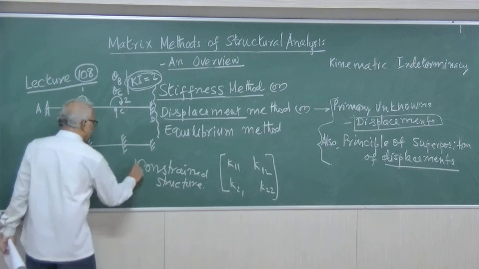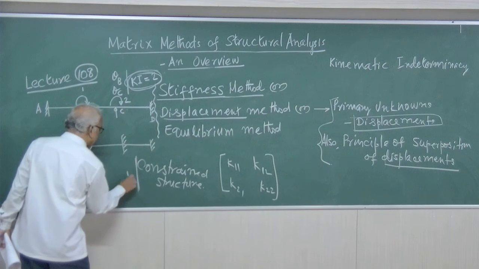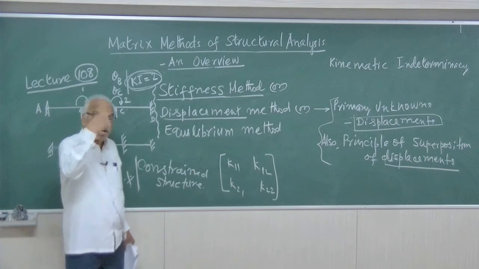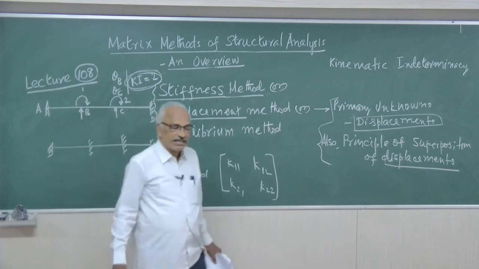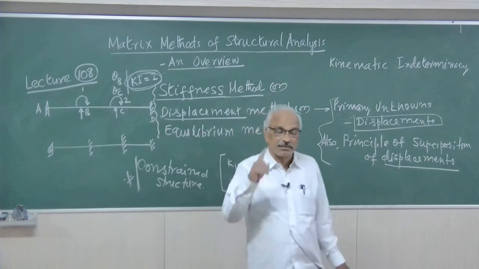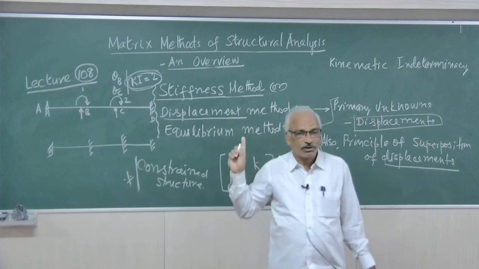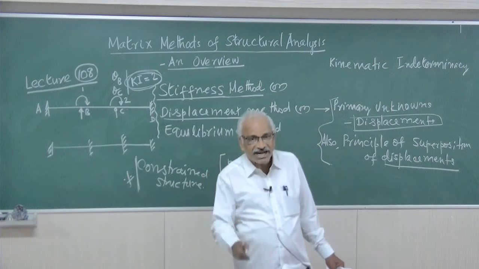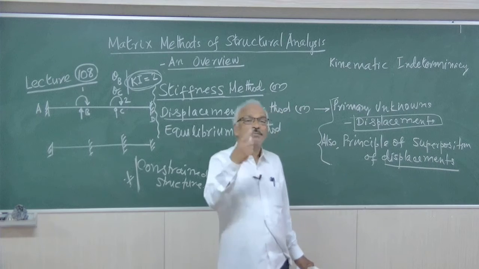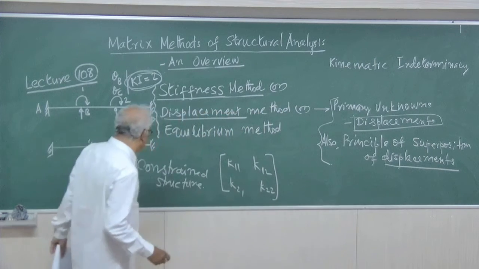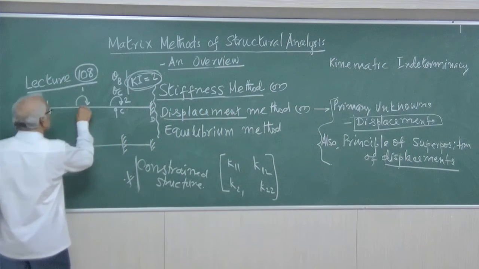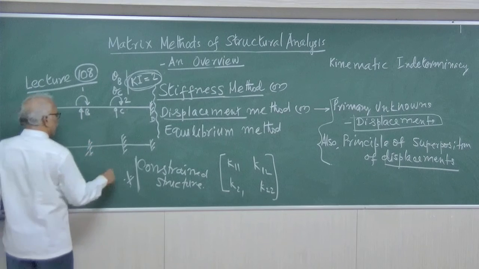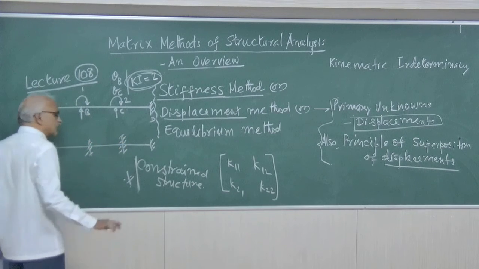So this is another important definition, like that of primary structure. Primary structure is a statically determinate structure in the matrix flexibility method. Now here, the constrained structure is the kinematically determinate structure. That is, no possible displacement. Theta B is possible, you have arrested it. Theta C is possible, you have arrested it. No displacement is possible.